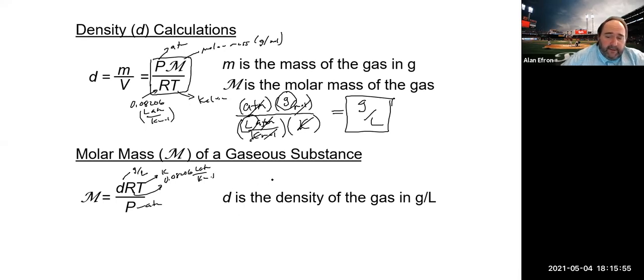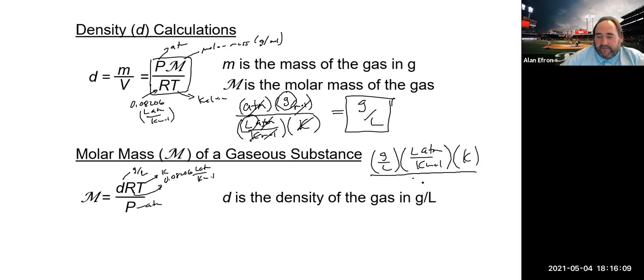If we put in our units, we have grams per liter, liters atmosphere Kelvin mole for R, Kelvin, all divided by atmospheres. Atmospheres cancel, Kelvin cancel, and liters cancel, leaving us with the typical units of molar mass, which are grams per mole.